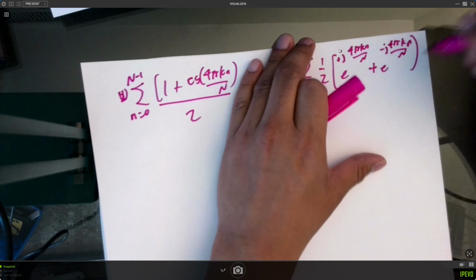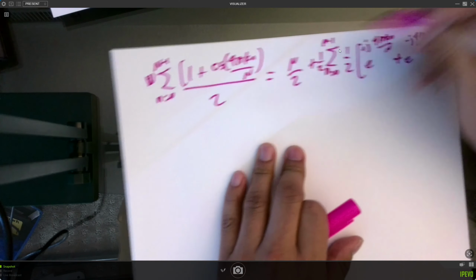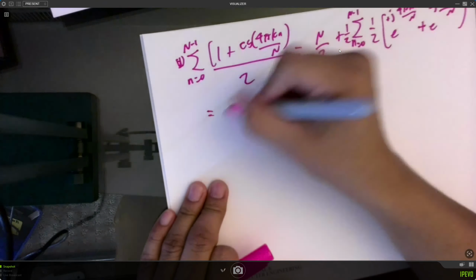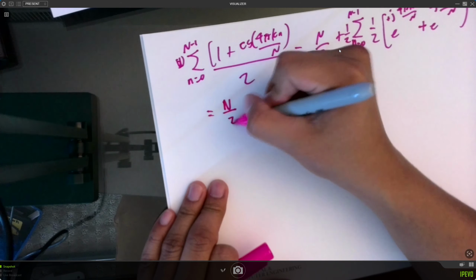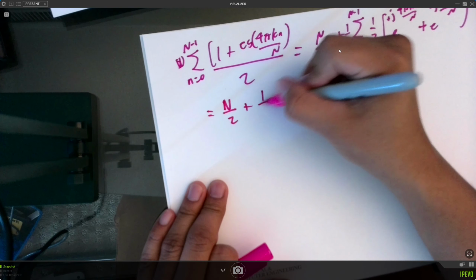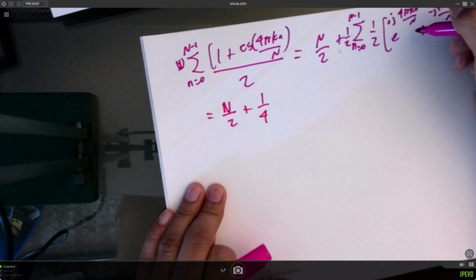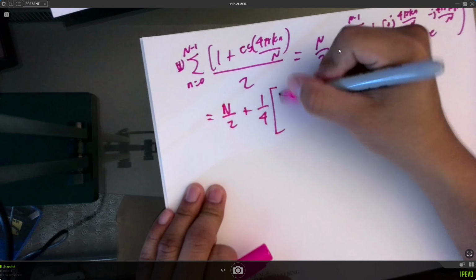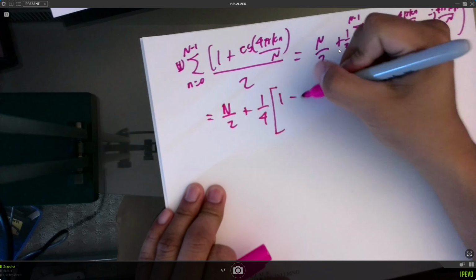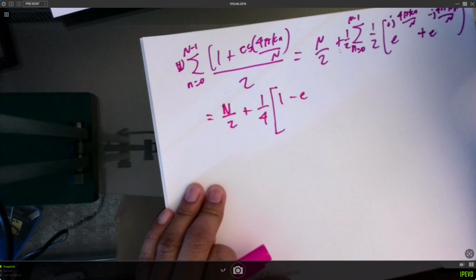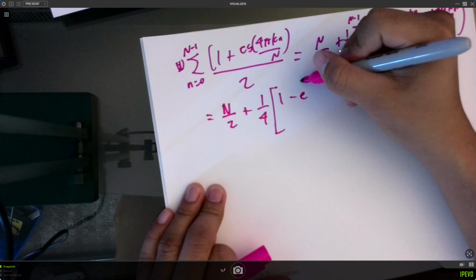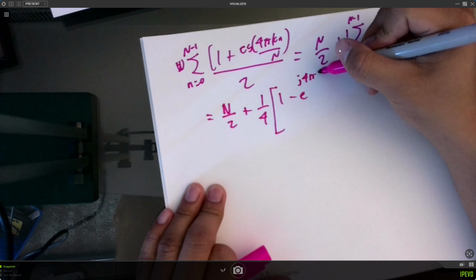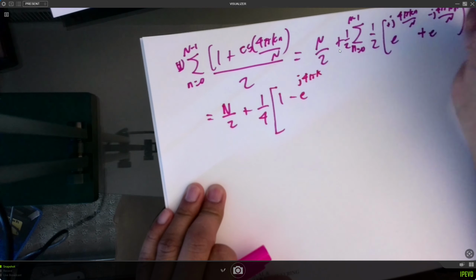Oh, camera. There we go. So that means the 1/2 gets outside. And then this is equal to n over 2 plus 1/4. And if we have a finite signal, let me remember this. 1 minus e to the j 4 pi k.